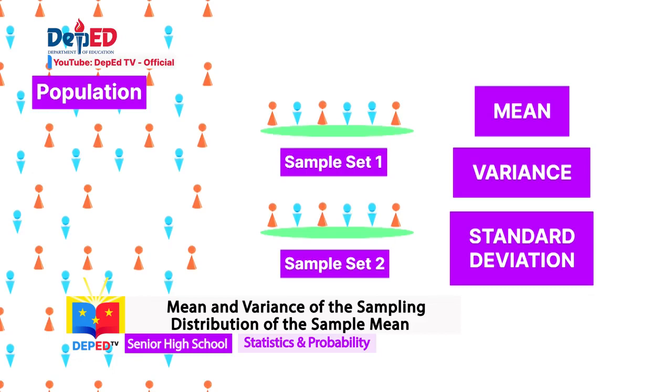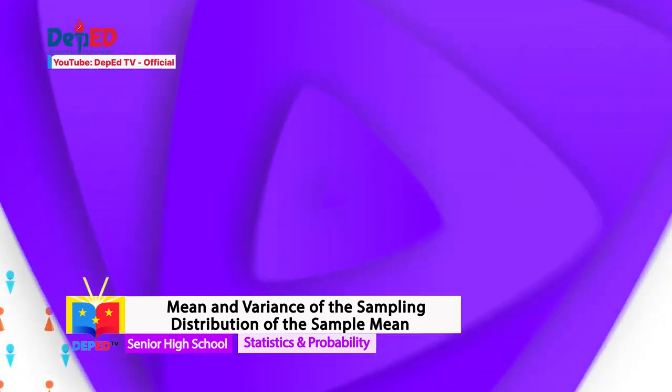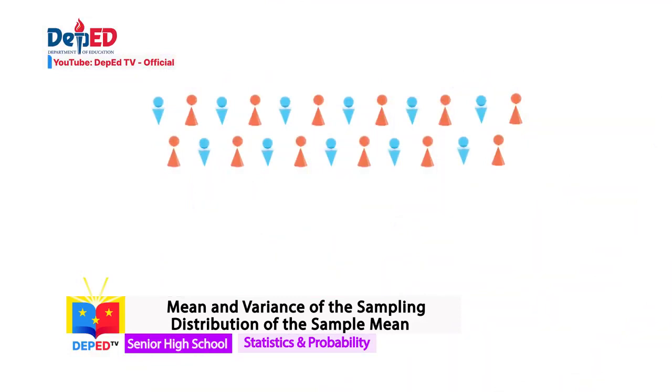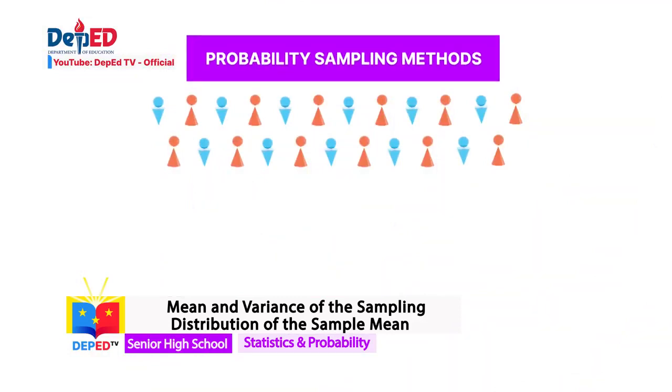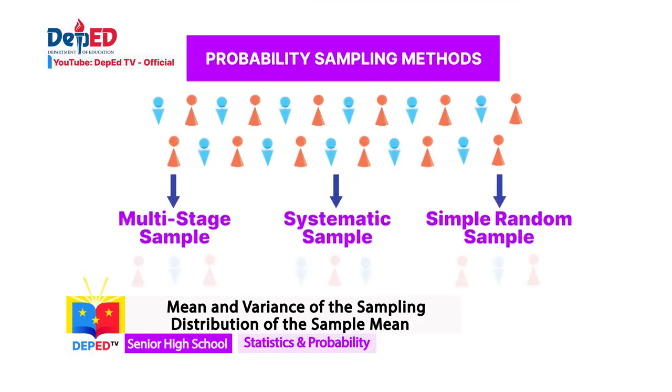The variation poses a problem regarding the reliability of the characteristics of the population estimated from one sample. However, if the samples are probability samples, the reliability of the results can be measured, and at the same time, the parameters can be estimated with a high degree of confidence.